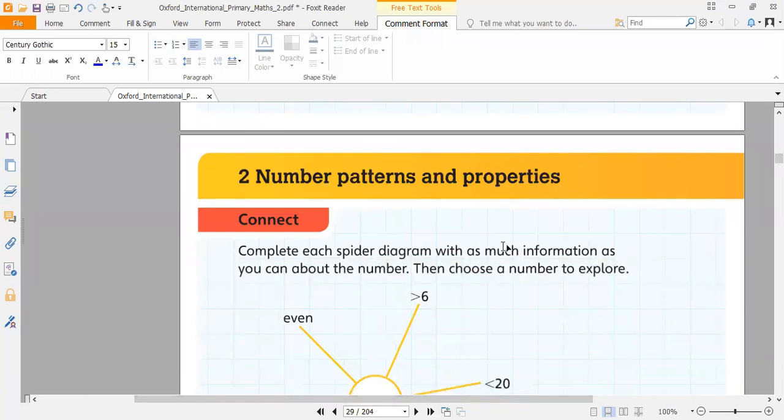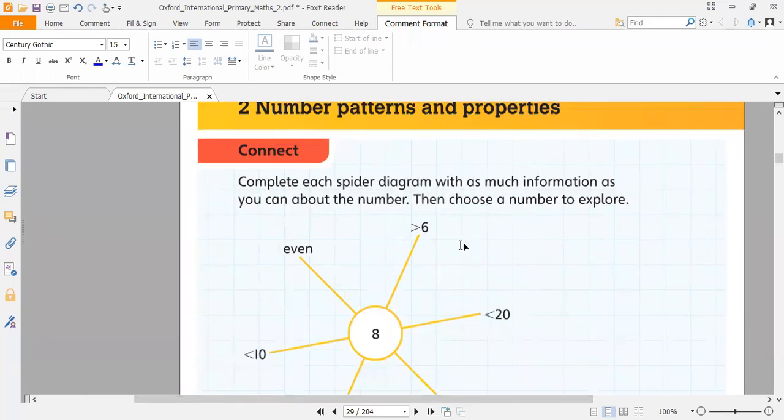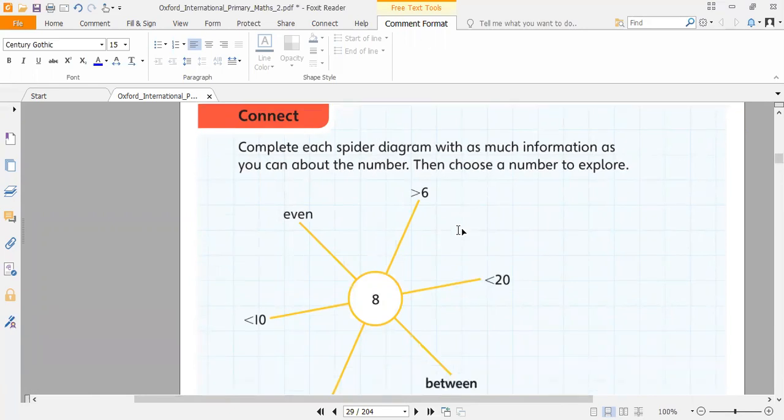Next is number patterns and properties. Complete each spider diagram with as much information as you can about the number. Then choose a number to explore. We can write information about this number: 6 is less than 8.